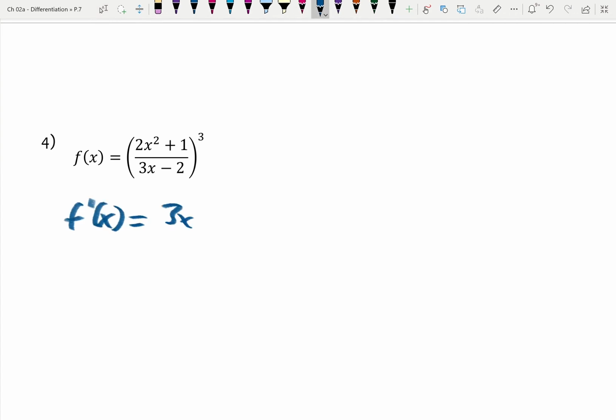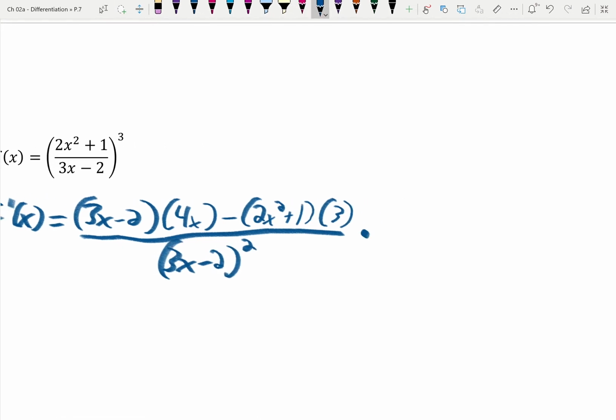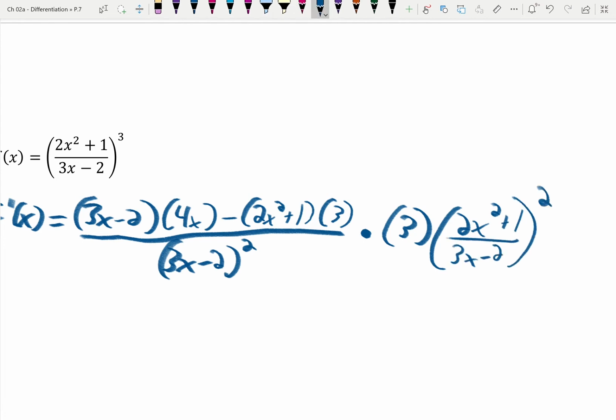Low, d high, minus high, d low, over low, low, times, then the outer would be a 3, and a 2x squared plus 1 over 3x minus 2 squared.